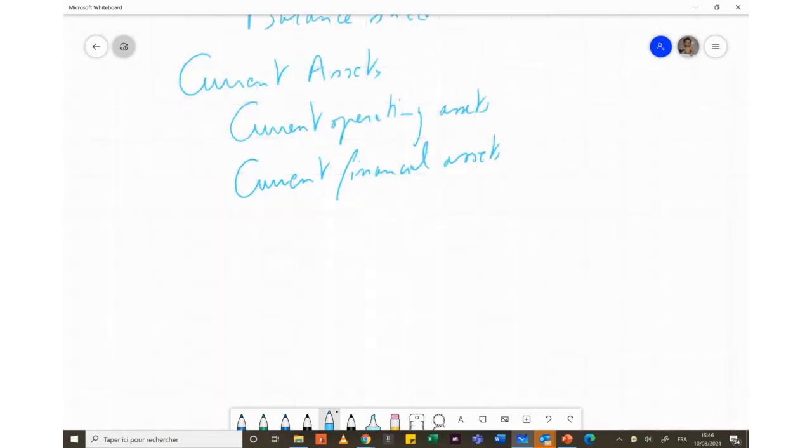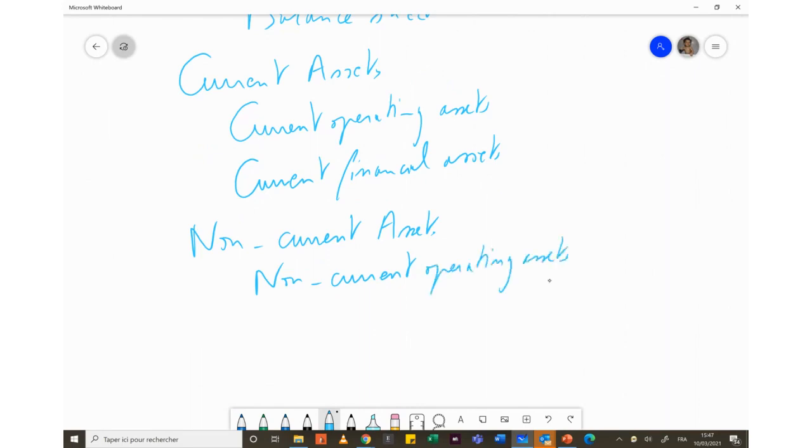We have non-current assets. In the non-current assets, we have non-current operating assets. So mainly property, plant and equipment, and intangible assets.